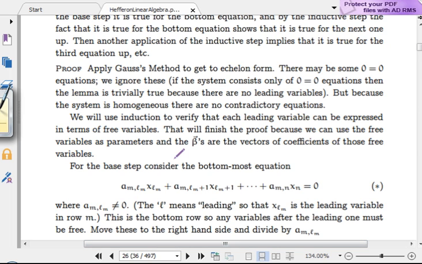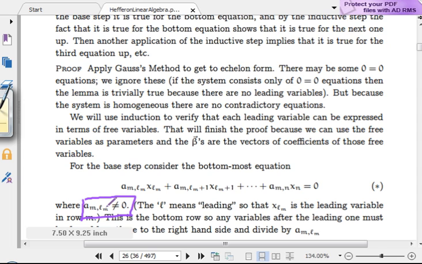So if I write this equation out, I start with x_{L_m}, then I'm going to have x_{L_m+1}. Okay, this plus 1 is part of the subscript, all the way up to x_n. So you can verify that this equation expresses the last row in the row echelon form. Also, what's important is that this value here is not 0.